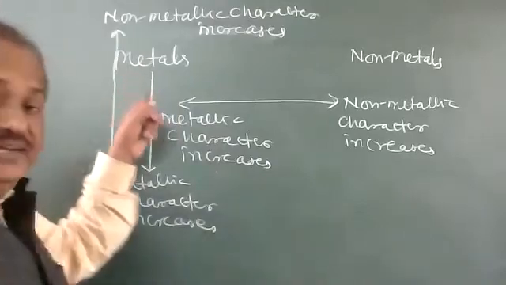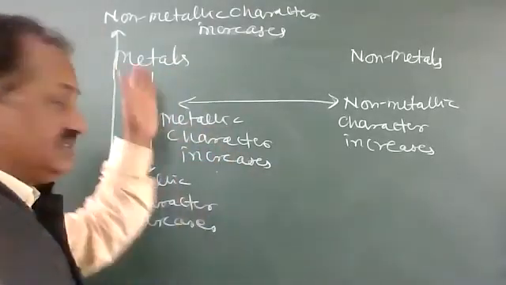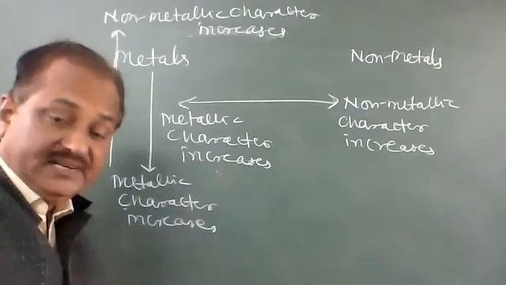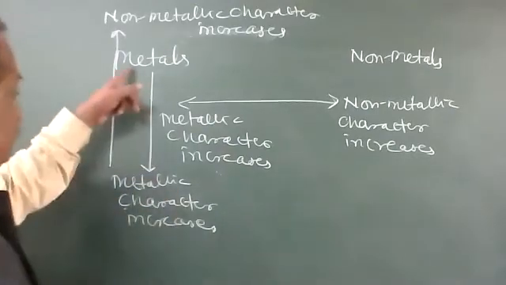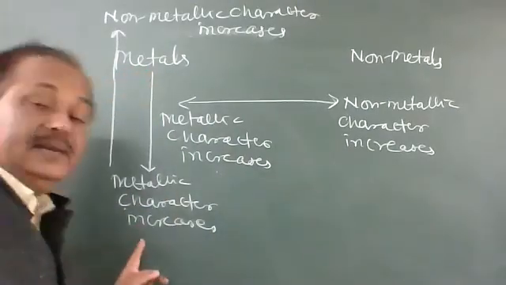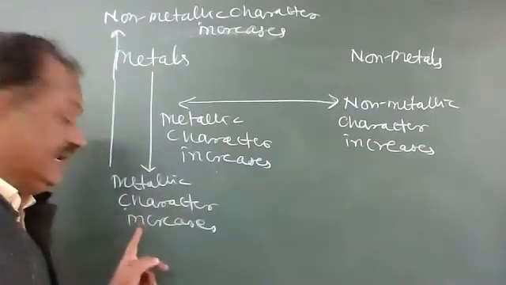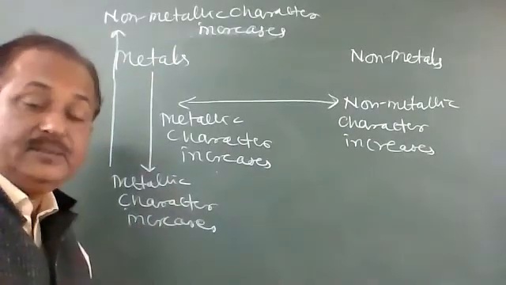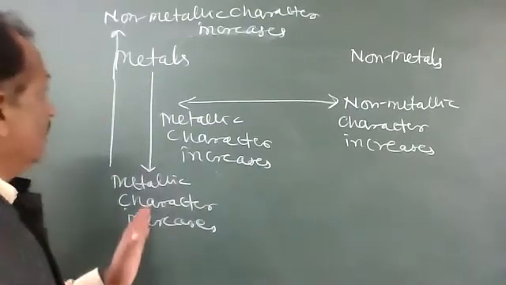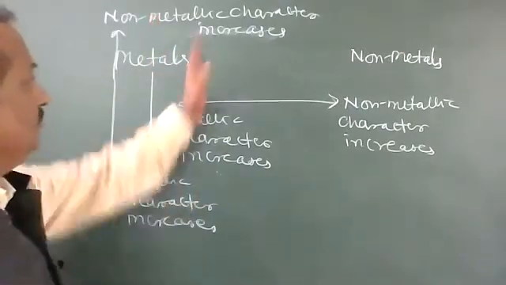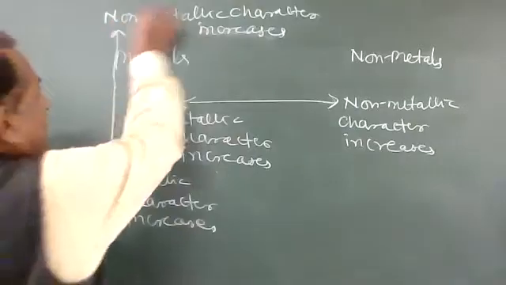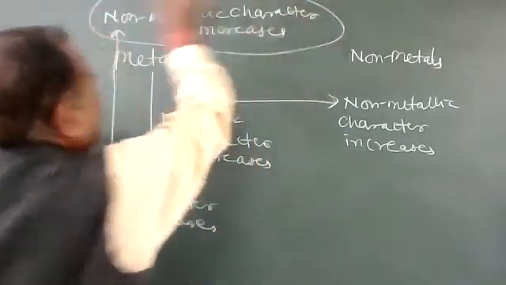This trend holds for metals as well as non-metals. So on moving from top to bottom, metallic character increases because the electrons are bound by a poor force of attraction. On going from bottom to top, non-metallic character increases.